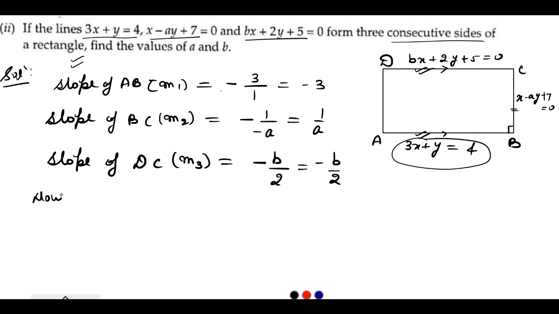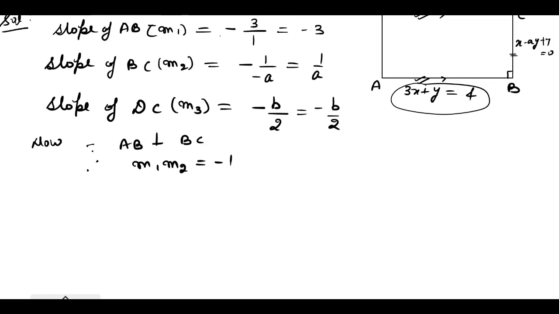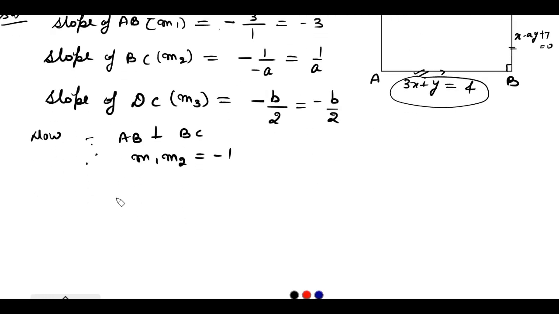Now, since AB is perpendicular to BC, therefore m1 m2 will be equal to minus 1. Put the values: m1 is minus 3 and m2 is 1 upon a. It means a is equal to 3.